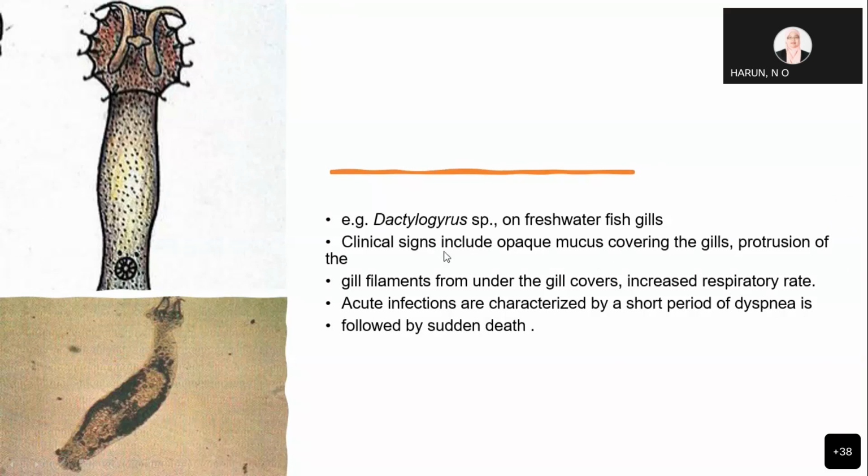Okay, clinical signs include opaque mucus covering the gills, protrusion of the gill filament from under the gill cover, and which later akan increase respiratory rate. For example, like you baru dapatkan one or two fish, freshwater fish dari somewhere from ponds, dan you bawa balik and letak dalam aquarium, and you found that it's very difficult untuk the fish breeding ataupun dia punya breeding rate sangat cepat.